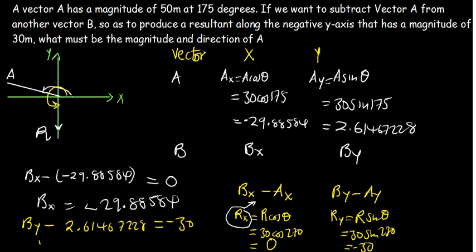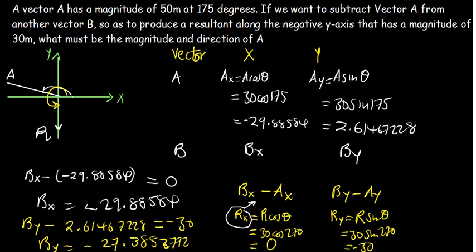So for me to remain with by, I'll have to take this term the other side. So it is going to be positive. So what I'm going to do is negative 30, it becomes a positive 2.614672228, and that is going to give us about negative 27.3852772.